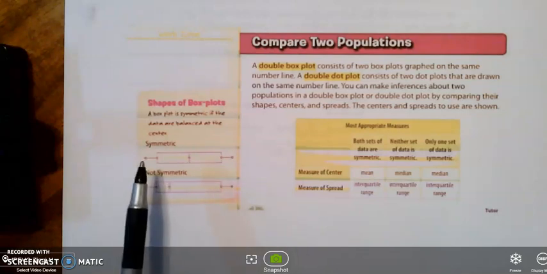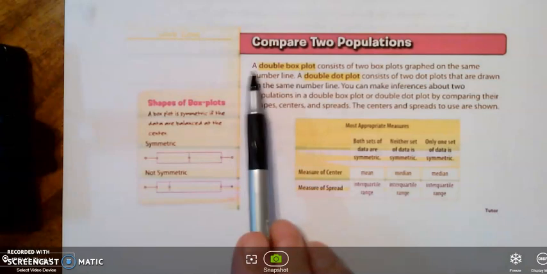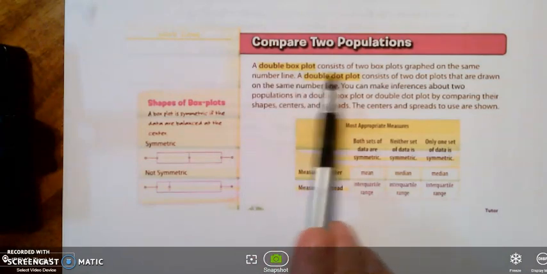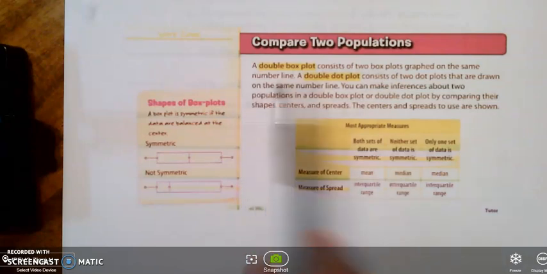Not symmetric. So up here it says, a double box plot consists of two box plots graphed on the same number line. So in 7th grade, that is what we deal with, not just a single box plot. We're actually using two. We're using a double box plot so that you can compare the data sets. Okay?